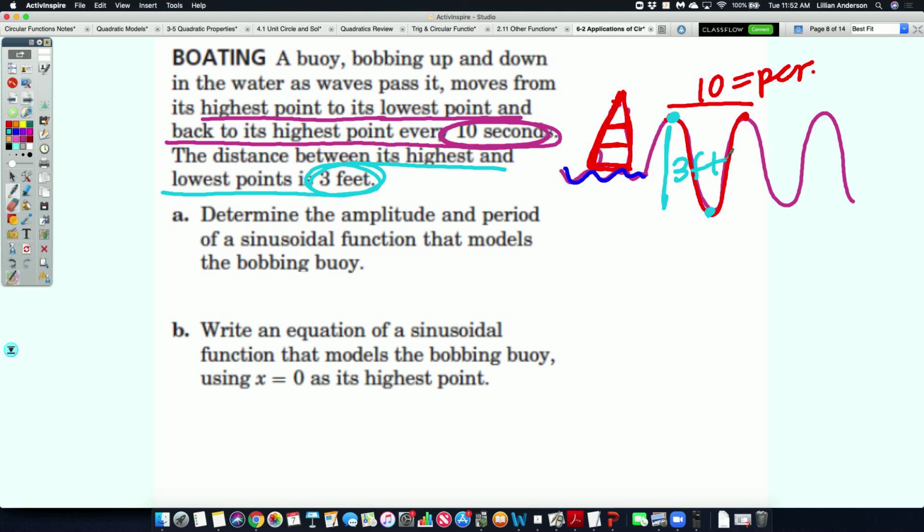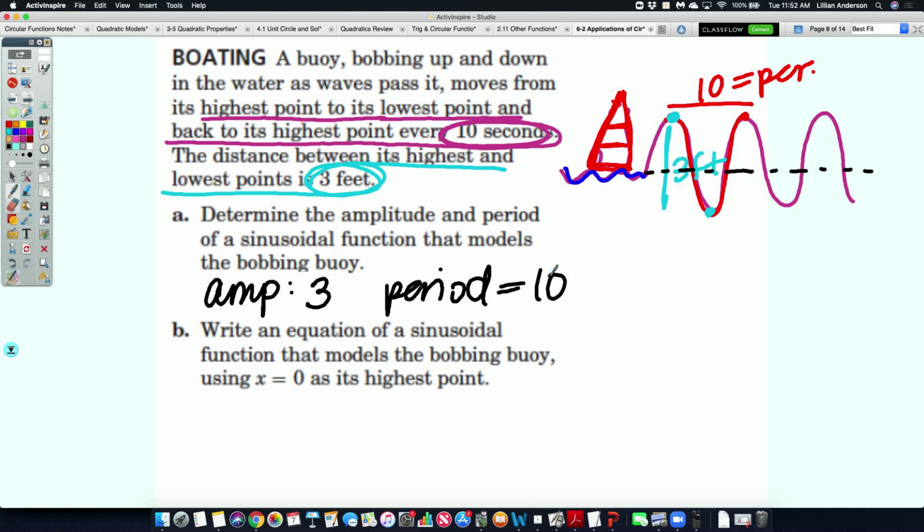If that distance from my highest point to my lowest point is 3 feet, then what's my amplitude? 1.5. It is halfway, because remember, there's a midline there. So you have to cut that in half. So you guys have found my information. My amplitude is 3, and my period is 10.